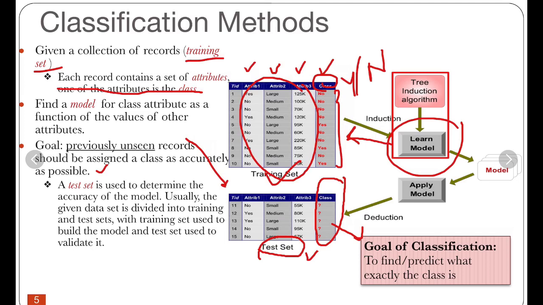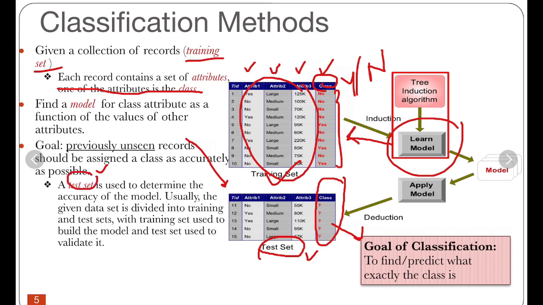Based on the values in our training set, we need to find the class and classify the value of the class in this previously unseen record. Therefore, this unseen record is called the test set.